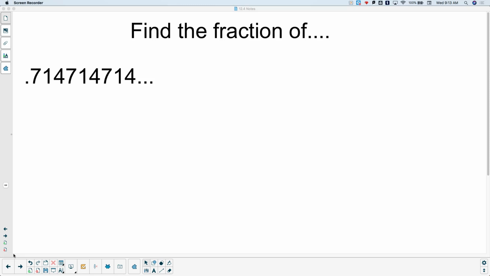Which means do the distribution, combine like terms, and just write me out a rule nice and pretty. It makes it easier on me for correcting. So it's right there in the instructions. Okay? All right?